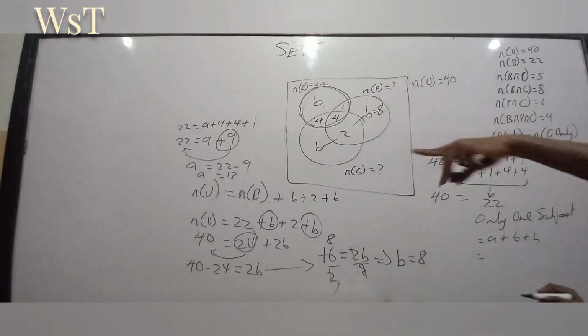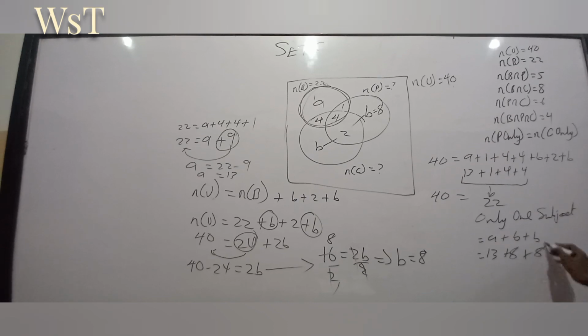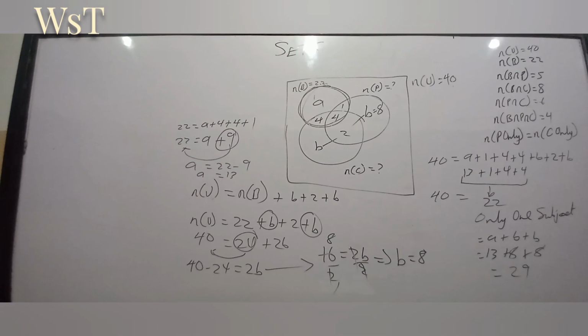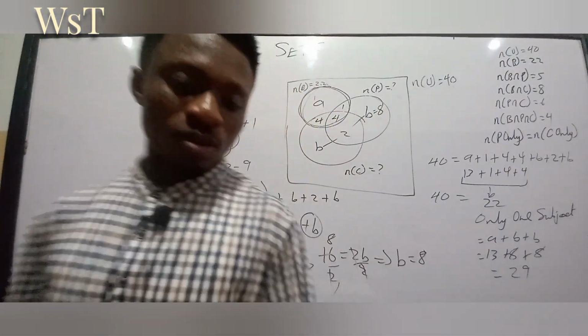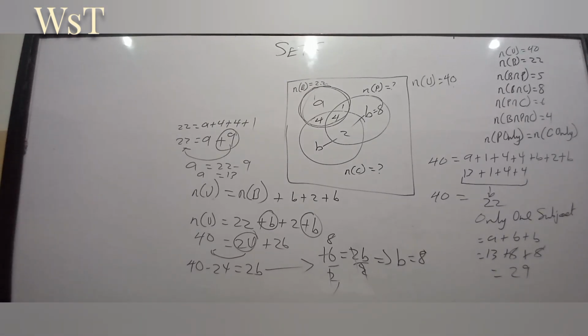And A has been found already, which is 13, plus b, which is 8, plus another 8. So 13 plus 8 plus 8 is 13 plus 16. Is it 29? Try check it. Yes, it's 29.